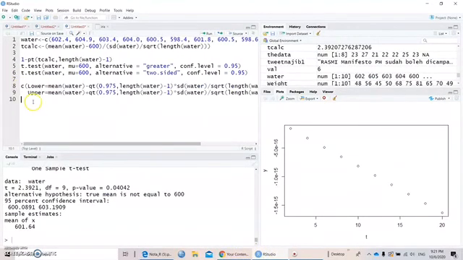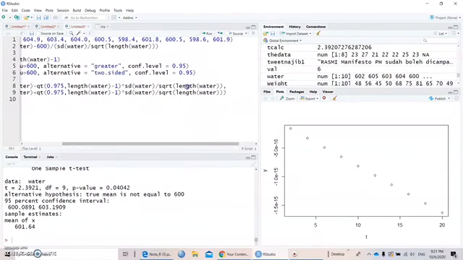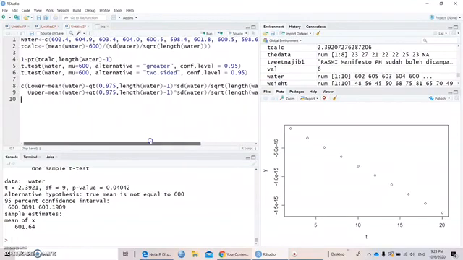For the lower limit, x bar minus t alpha over 2, degrees of freedom n minus 1, multiplied by the standard deviation over square root of the length of water. For the upper limit, the mean x bar plus t alpha over 2, degrees of freedom n minus 1, standard deviation over square root n.